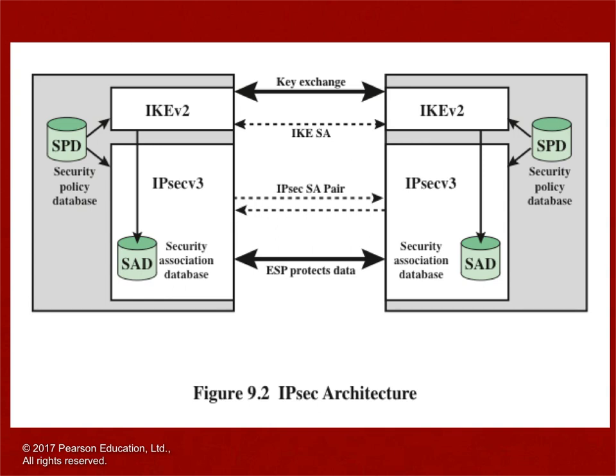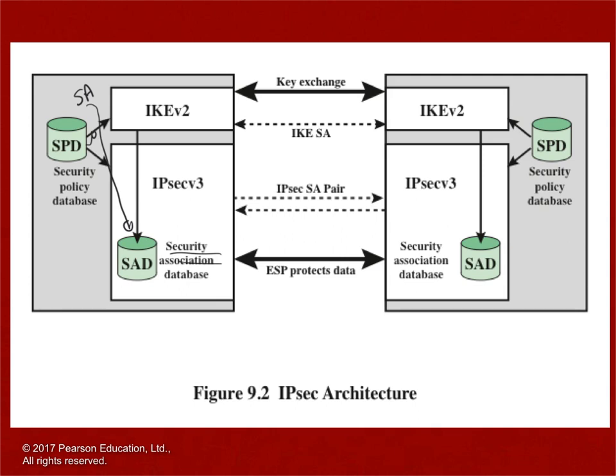We'll talk about the scenario that you mentioned. So in that case, if we find a match, then there will be some kind of identifier. We call it a security association identifier. This identifier will then point to the security association database.